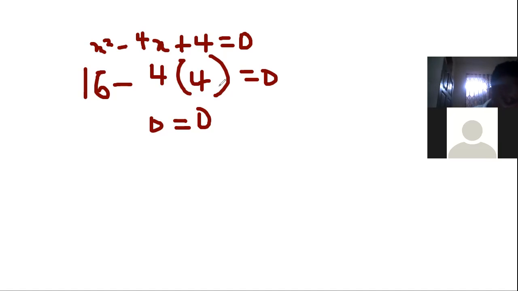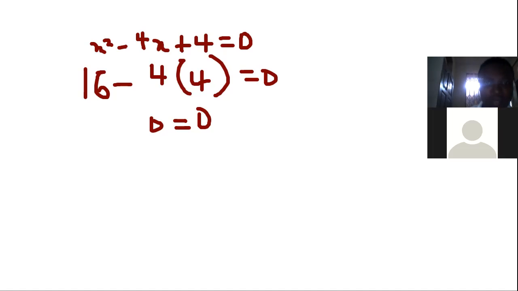Now for the real roots, if the roots are real, then it can either be distinct real roots or repeated roots. So normally the real roots are a combination of the repeated root and the distinct real roots.